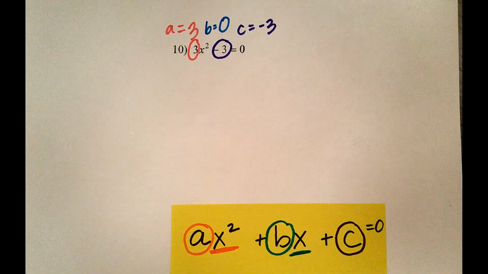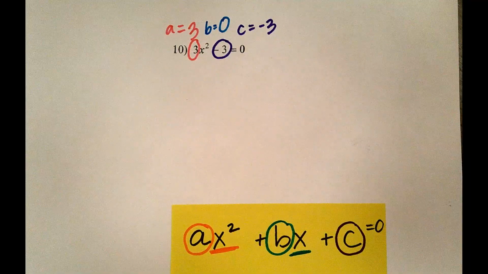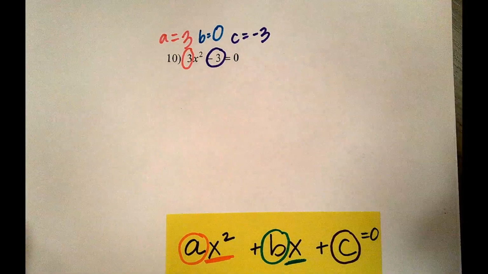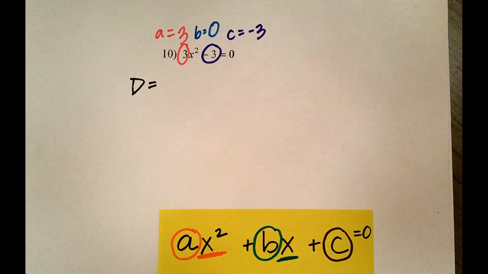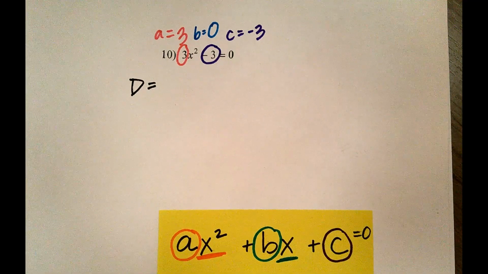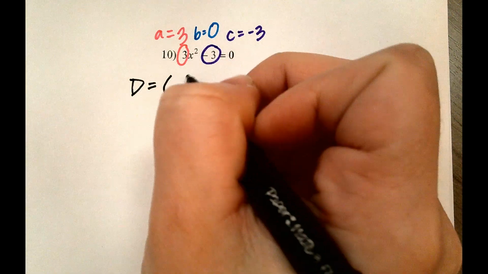So I have A, B, and C. Where do I go from here? Write the formula out, I would assume. Yes, write the formula out. Let's start with our discriminant formula, D equals. And what goes next? B, which is 0.